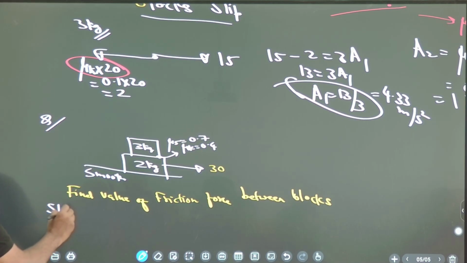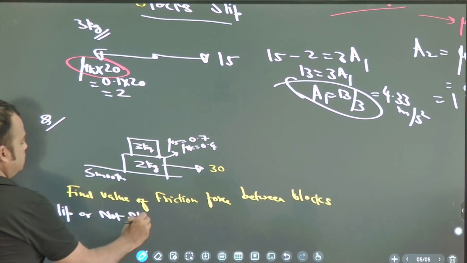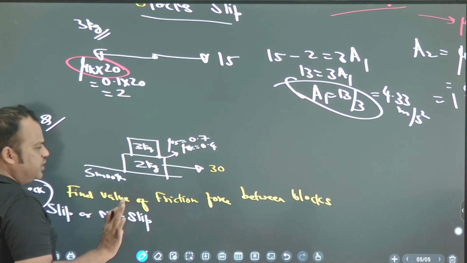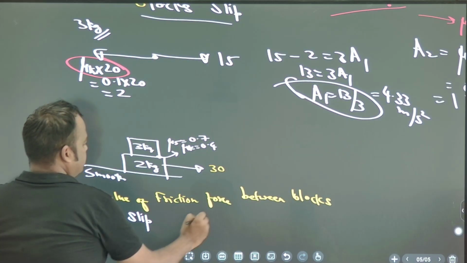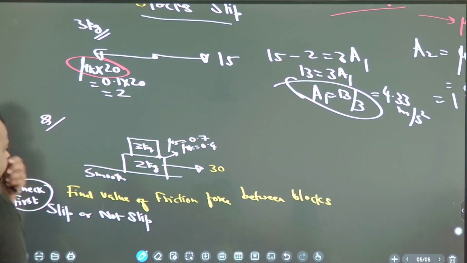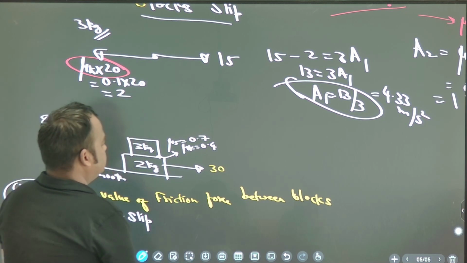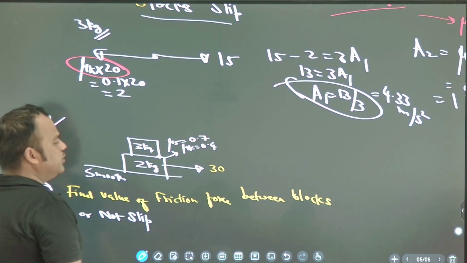So, check slip or not. Check first, slip or not slip? Not slip. Correct. Good. So, acceleration is common. So, what is the formula for common acceleration? Correct. Good. So, find out.